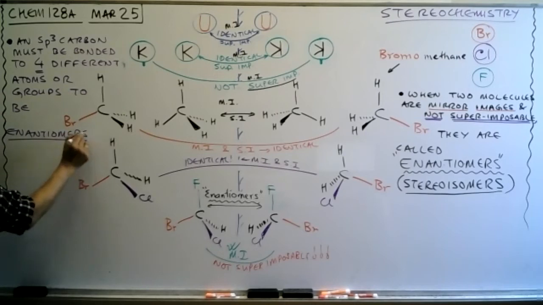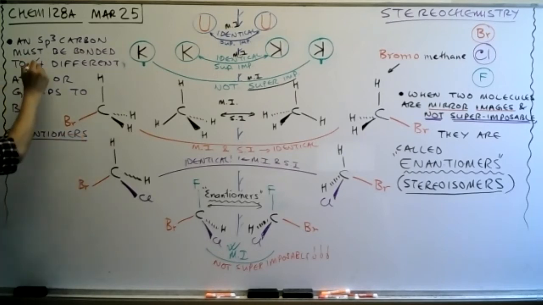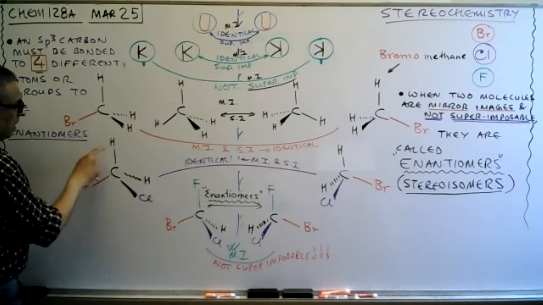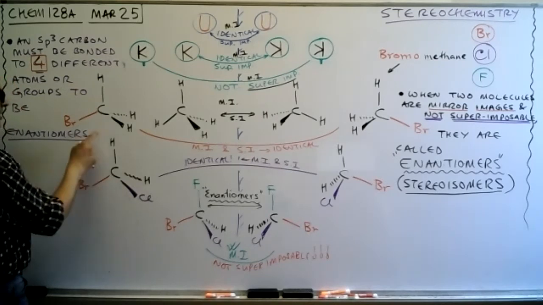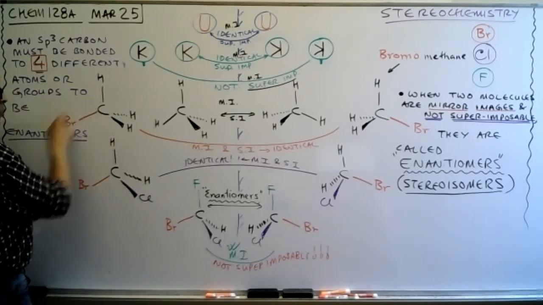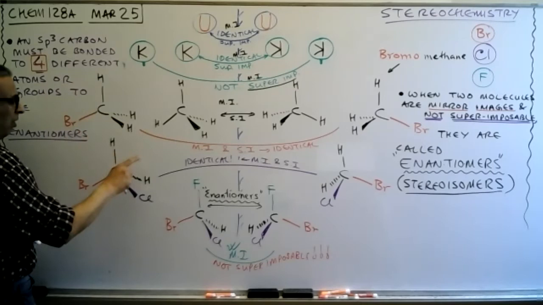To have this property, and this is very important, it must be attached to 4 different groups. If it is attached to 3 different groups, hydrogen, bromine, and chlorine, it doesn't cut it. If it is attached to 2 different groups, bromine and hydrogen, doesn't work.